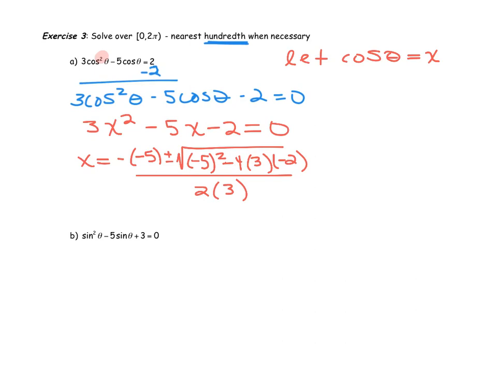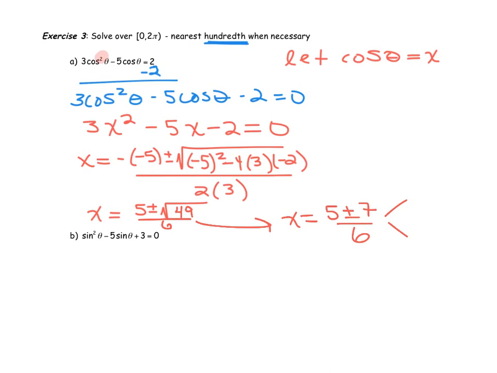Now, when you put that into the calculator, I'll have x equals 5 plus or minus the square root of 25 minus 12 times negative 2, so that's 25 plus 24. So this is the square root of 49, all over 6. I'll have x equals 5 plus or minus 7 over 6.